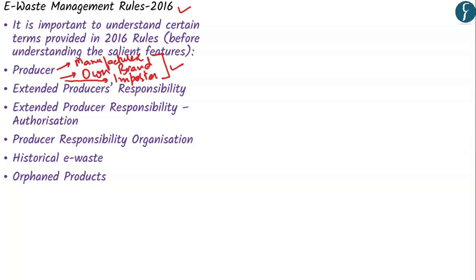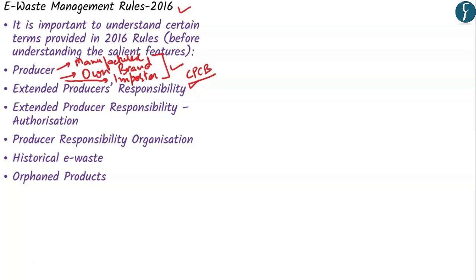Extended producer's responsibility authorization means a permission given by Central Pollution Control Board to a producer for managing extended producer responsibility with implementation plans and targets outlined in such authorization, including detail of producer responsibility organization and e-waste exchange if applicable.